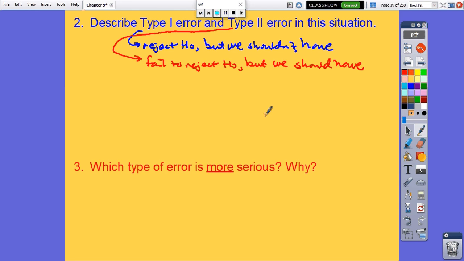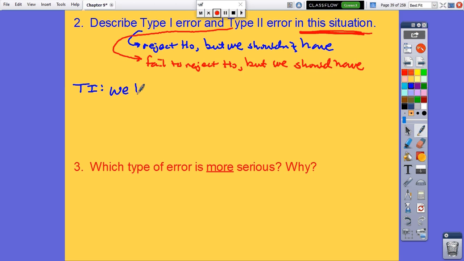Now, I'm not looking for you to basically just give me the definition of a type 1 and type 2 error. I want to know, what does this mean in this particular situation, in context, okay? So a type 1 error would look like this. So first I'm going to talk about what did it mean to reject the null hypothesis.